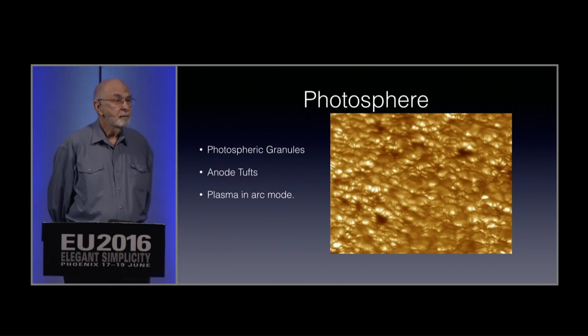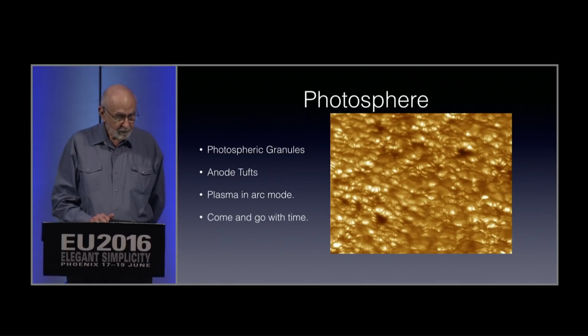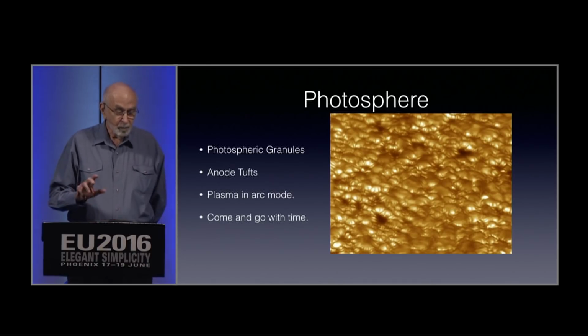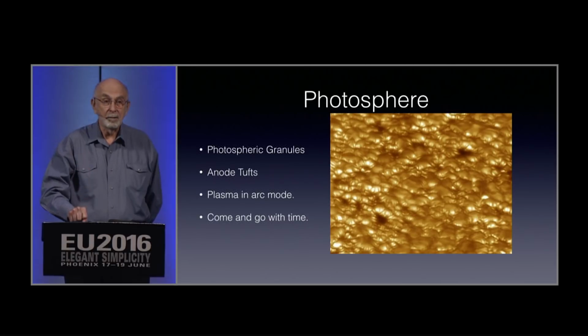Even one of my good friends thinks the sun is liquid hydrogen or something. It better be pretty hot liquid, because plasma in the arc mode puts out a horrific amount of power. And as a matter of fact, those granules come and go with time. They grow, they get bright, then they shrink and they go away.